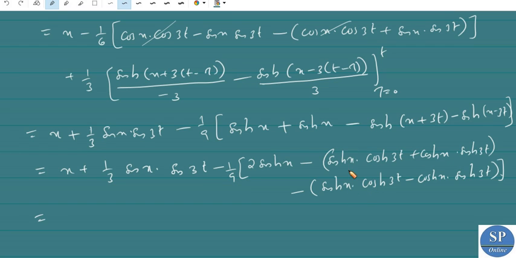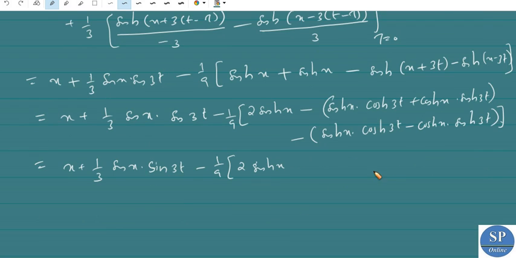So we have here x plus 1 by 3 into sin x into sin 3t, minus 1 by 9 into 2 sin hx, minus sin hx cos h 3t minus sin hx cos h 3t, that is minus 2 sin hx cos h 3t. Now here is minus cos hx sin h 3t, so plus cos hx sin h 3t is cancelled.